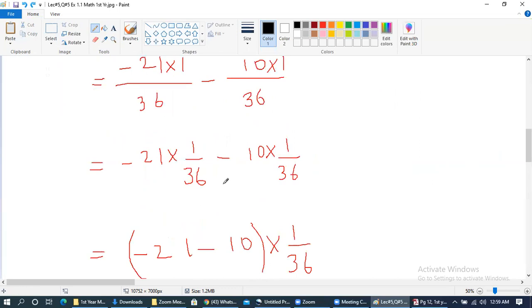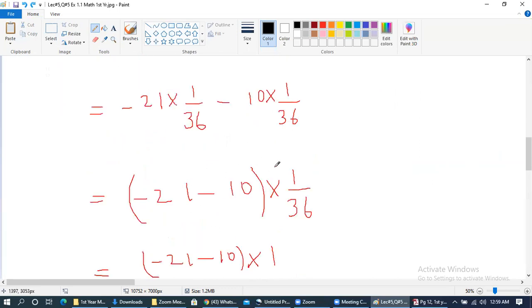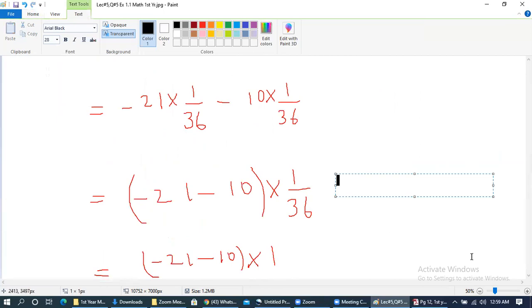Now in this step, we have taken the common. 1 by 36 has been taken as common, which in mathematics language will be called the right distributive property, because the common has been taken toward the right. So this is the right distributive property.